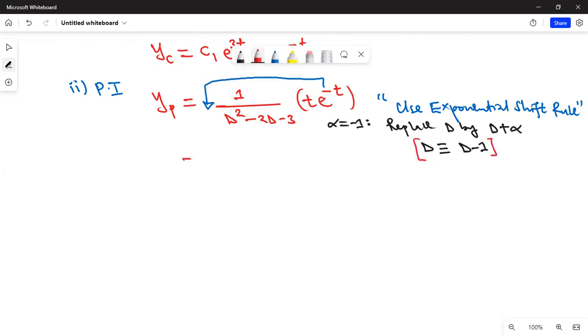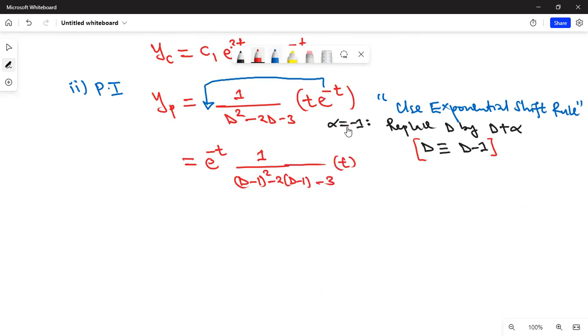So when you make that substitution, we are going to get exponential negative t, then 1 over D minus 1 squared minus 2 into D minus 1 minus 3. This should operate on t.